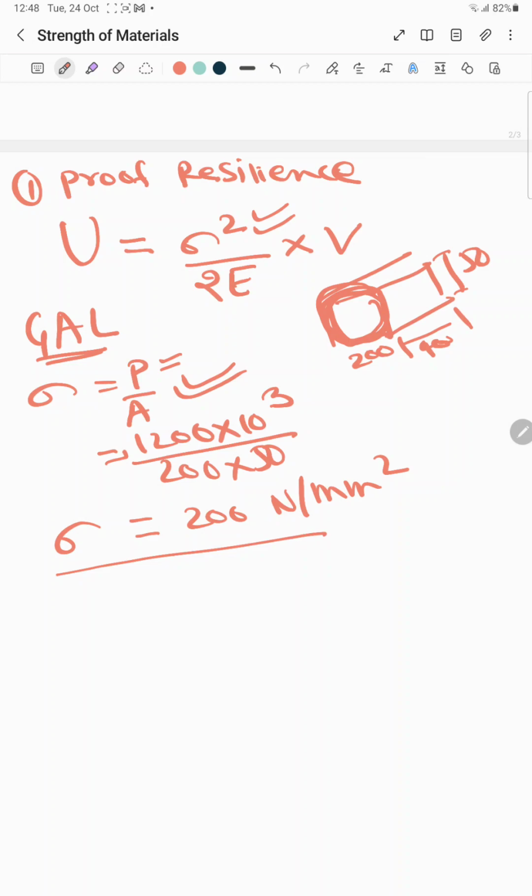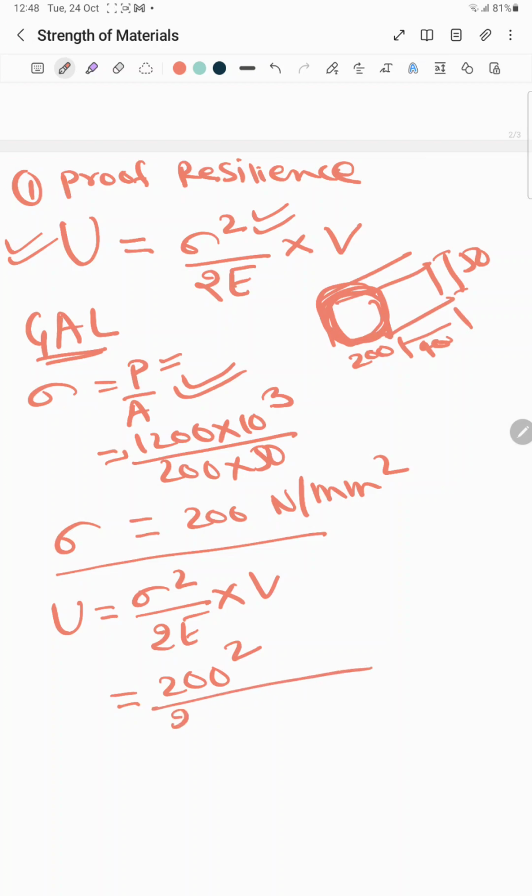Now we can directly put the values in the main formula, U is equal to sigma square upon 2E into V. Sigma is 200 square upon 2 into E, which is given as 200 into 10 to the power 3, into V, the volume of this plate.